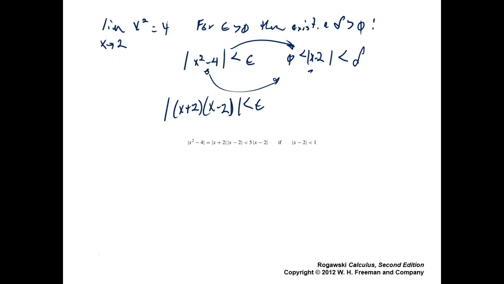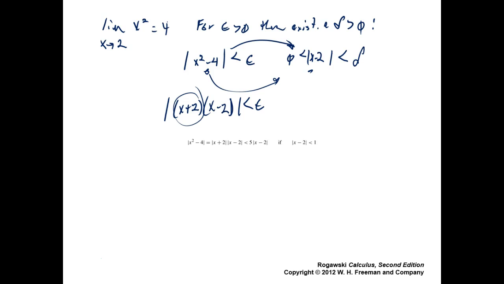Now, this is where things get a little hairier. You're trying to get to this. What you've got is something over here that's in the way, the x plus 2. If that were out of there, then you would be in fine shape.